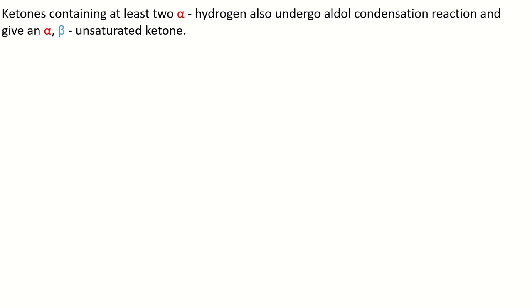See, an aldehyde gives an alpha beta unsaturated aldehyde. Same thing here, a ketone gives an alpha beta unsaturated ketone. For the preparation of an alpha beta unsaturated ketone, we have to take a ketone as the starting product. See here carefully.